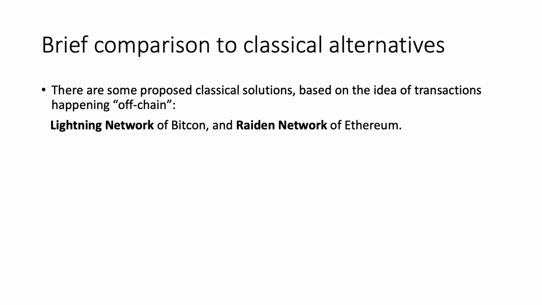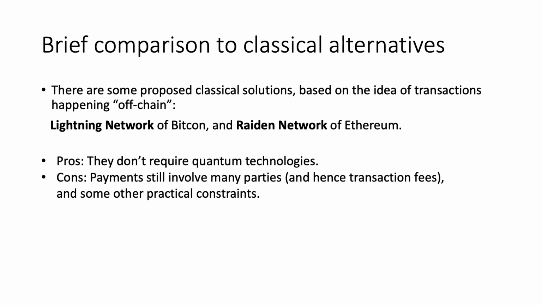The main pro of these solutions is that they don't require quantum technologies that are far into the future. One of the cons is that although most payments are not recorded on the blockchain, so they happen off-chain, these payments still involve many parties, other than just the payer and the payee. And hence, inevitably, they require transaction fees. There are some other practical constraints to these solutions that I won't discuss here, but you can ask me about them.